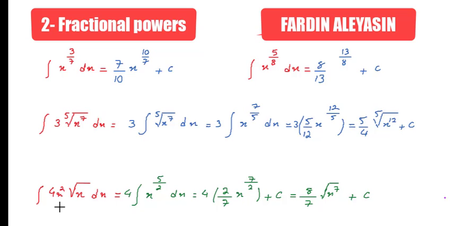In the last example, integral of 4x squared times the root of x dx. In this example, it is clear the 4 should be taken out of the integral, and it is just a coefficient.